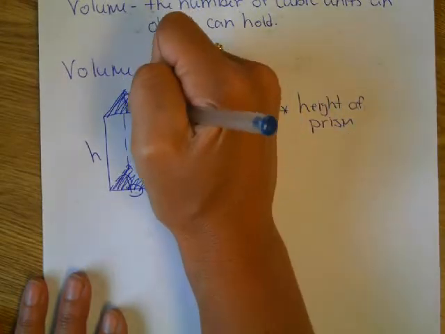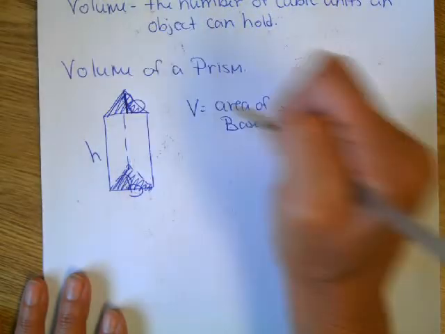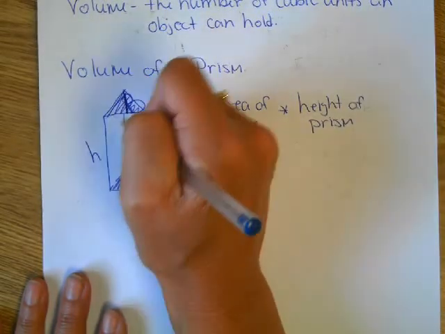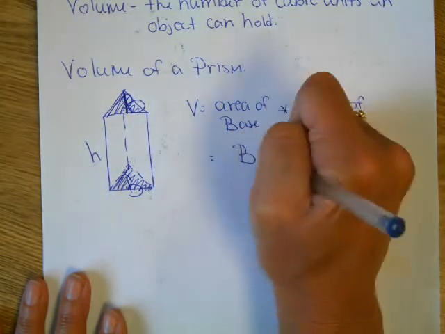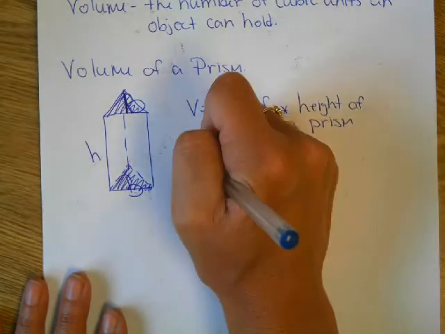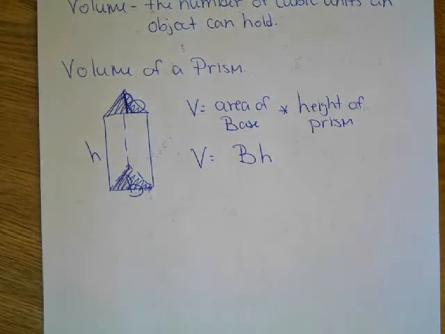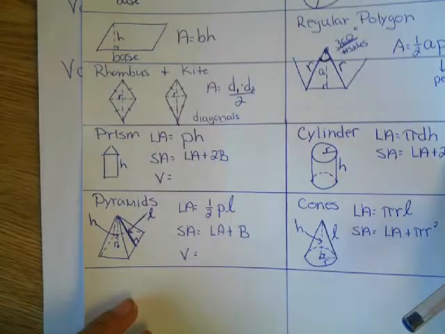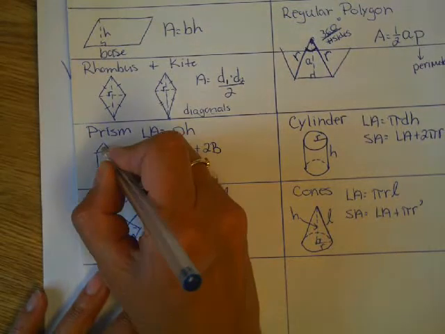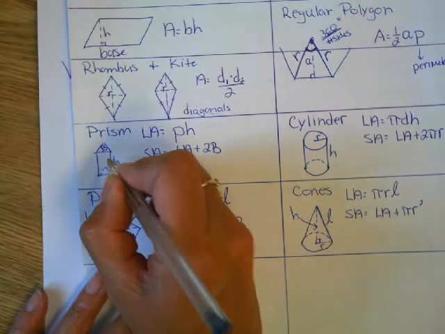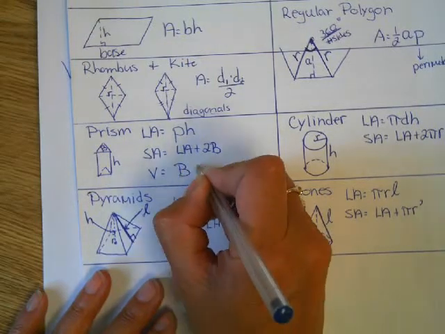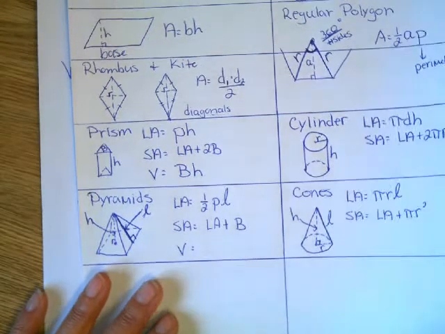We could talk height of the triangle here, but this height over here is the height of the prism, how far apart those bases are. So it's big B times H is your volume. So volume is big B times H.